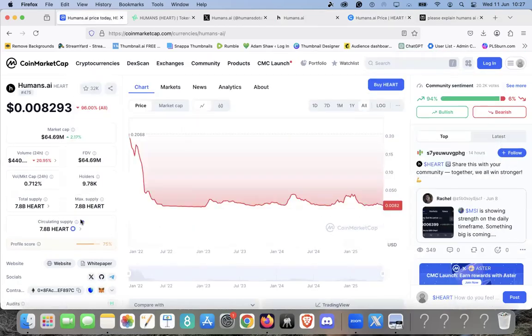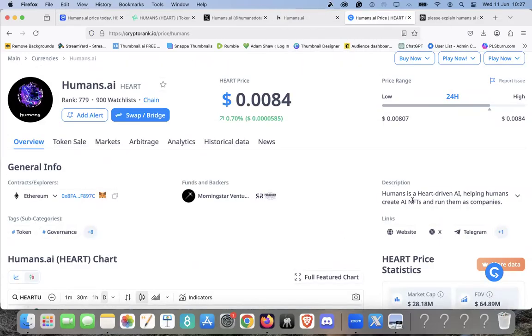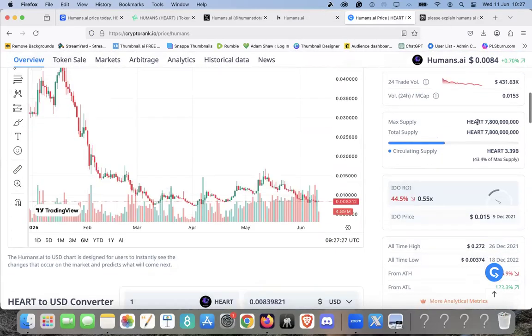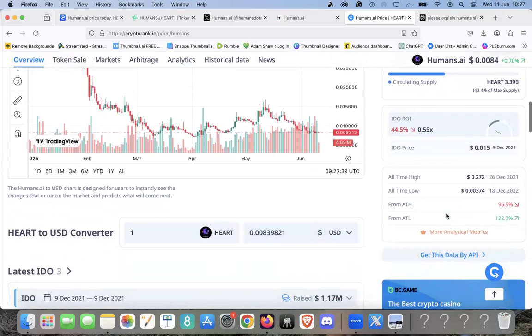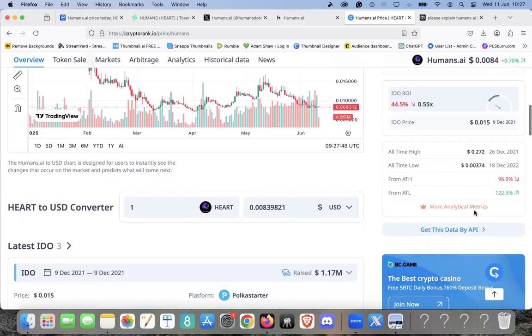So this will need a little bit of digging. 7.8 billion there. So at least they've agreed on the maximum supply, but the circulating supply, that's very, very different. 100% is different from 43.4%. So digging will need to be done. Now, if I was going to invest in this, I would dig deeper on this. But this is just to really show you base level.